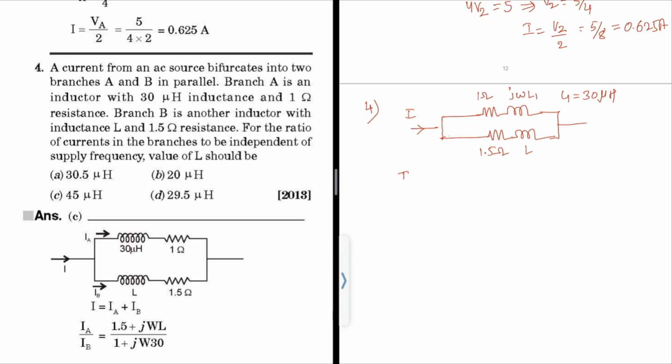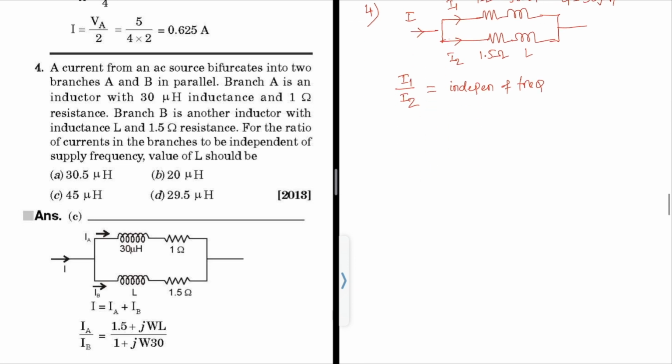They want I1 by I2, where this is I1 and this is I2, and this ratio is independent of frequency.